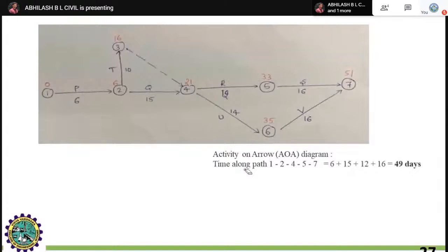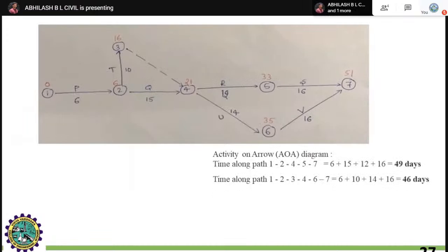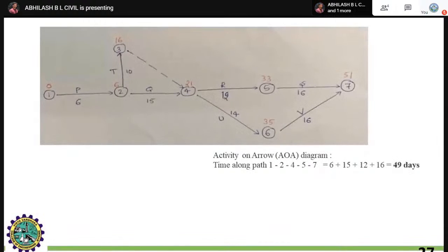Fine, this is the second methodology to solve this activity on arrow problem. Time along the path 1 2 4 5 7, you have to identify that particular path, then calculate. For example, 1 2 4 5 7, you can identify 6 plus 15 plus 12 plus 16, you will get 49 days, right?